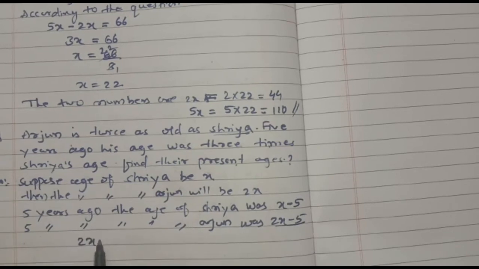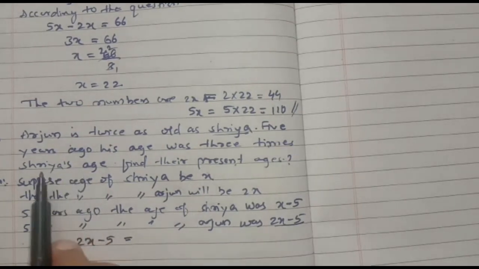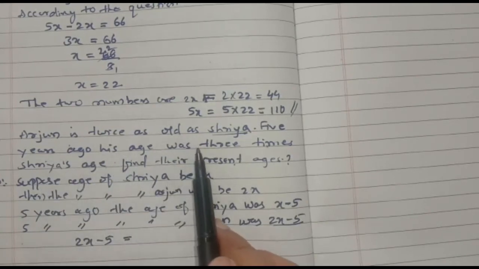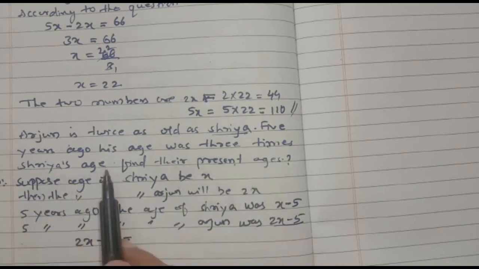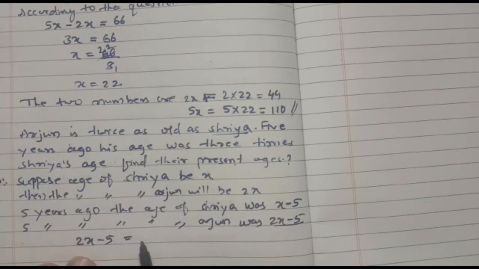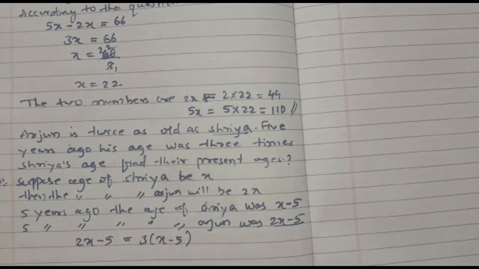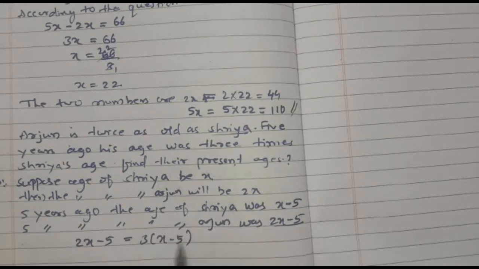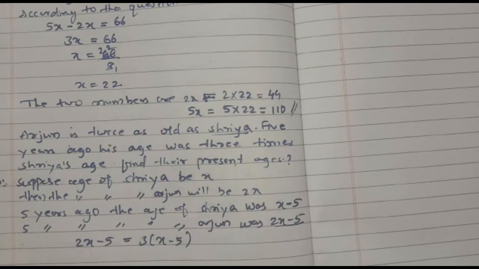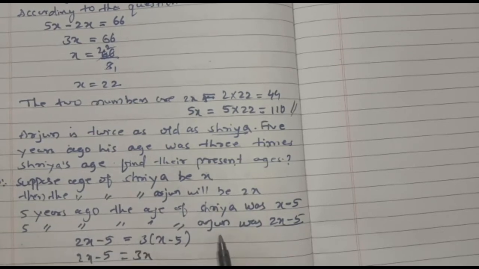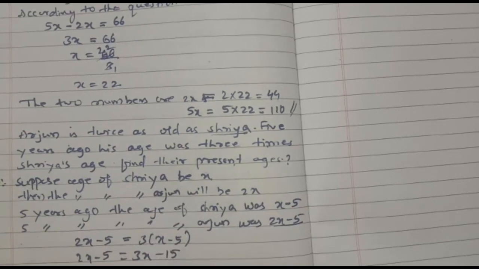According to the question, 5 years ago Arjun's age was 3 times Shreya's age, students. Okay, so 2x minus 5 is as it is, equal to 3 into x minus 5, that is 3x, then 3 into 5 is 15.